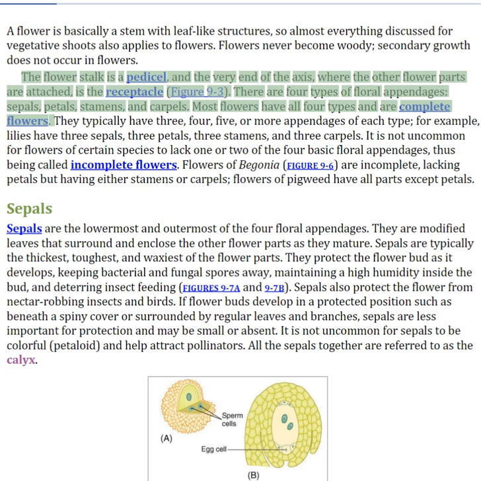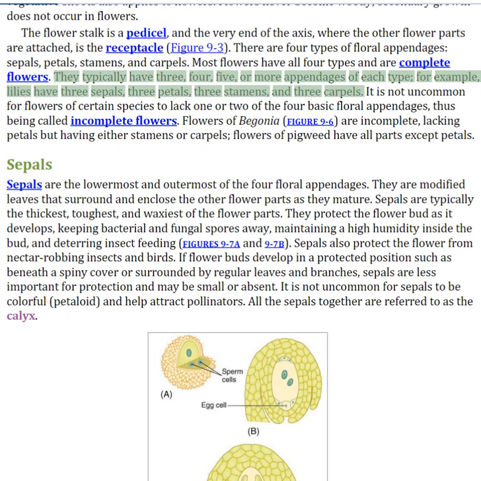There are 4 types of floral appendages: sepals, petals, stamens, and carpels. Most flowers have all 4 types and are complete flowers. They typically have 3, 4, 5, or more appendages of each type. For example, lilies have 3 sepals, 3 petals, 3 stamens, and 3 carpels.